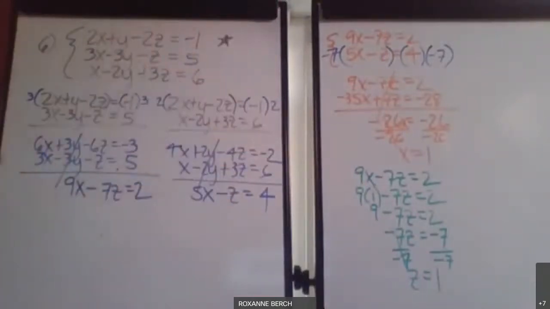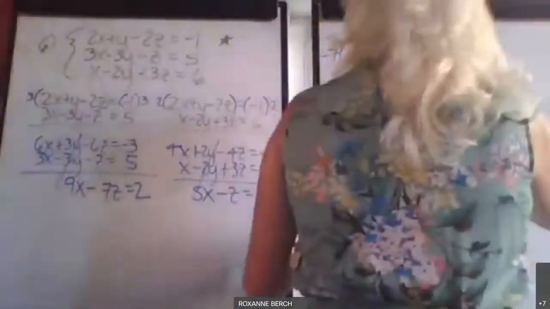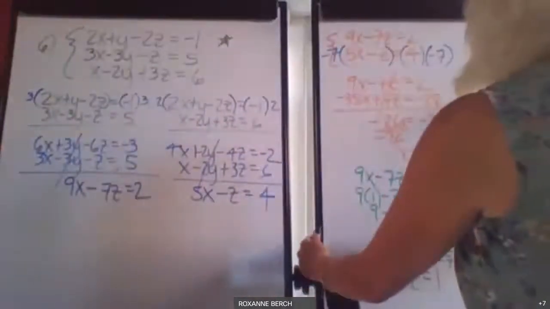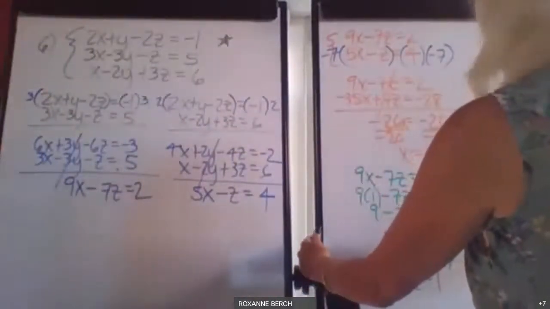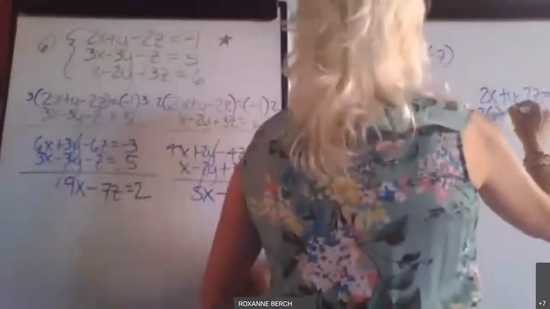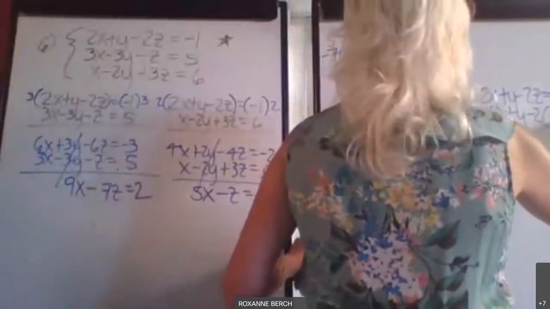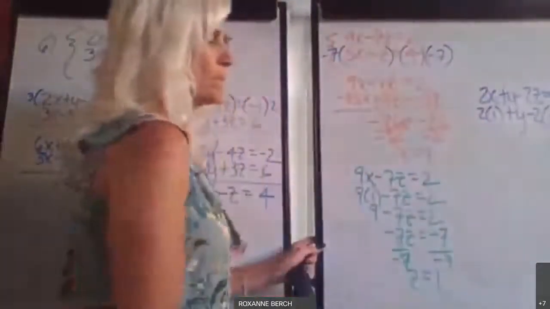Now we go back into the original, and you can pick any of these you want. I'll just pick the top one. You have 2x plus y minus 2z is equal to -1. So you have 2 times x plus y minus 2 times 1 equals -1.